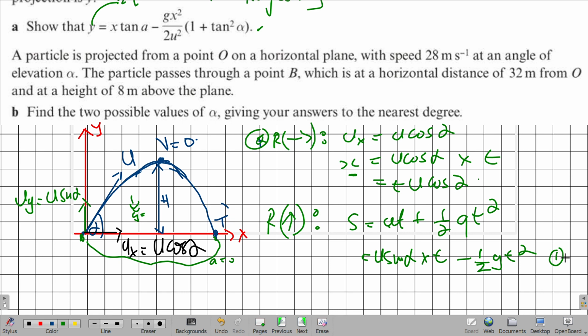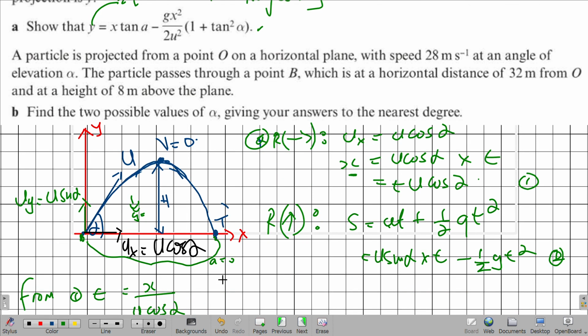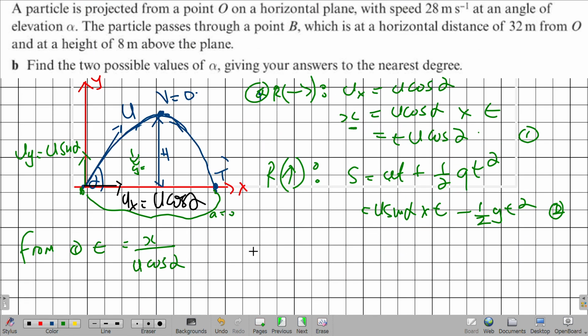We can call this equation number 2, while this is equation number 1. If we make t the subject of the formula from equation 1, t is equal to x over u cos alpha. We want to show this in terms of x and y, so we're going to say this is equation number 3.